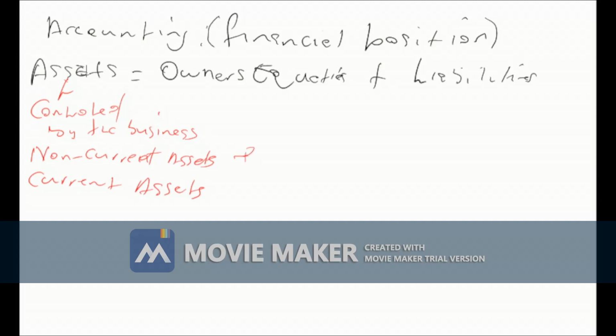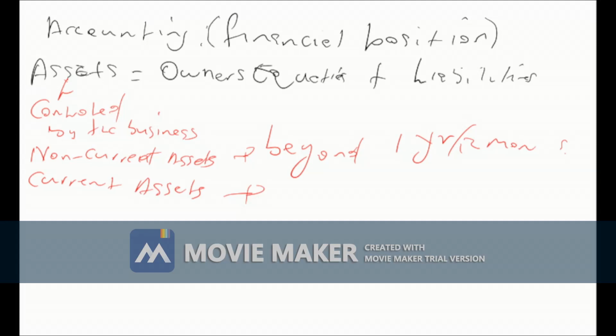Non-current assets are the assets that can be converted into cash beyond 1 year, or over 1 year. Remember, 1 year is 12 months. So you can make cash with non-current assets over 1 year. Maybe they can be converted after 5 years, after 10 years, or even after 20 years.